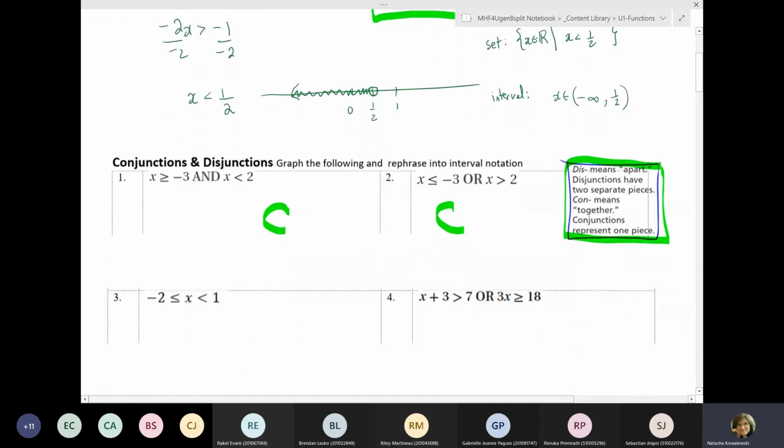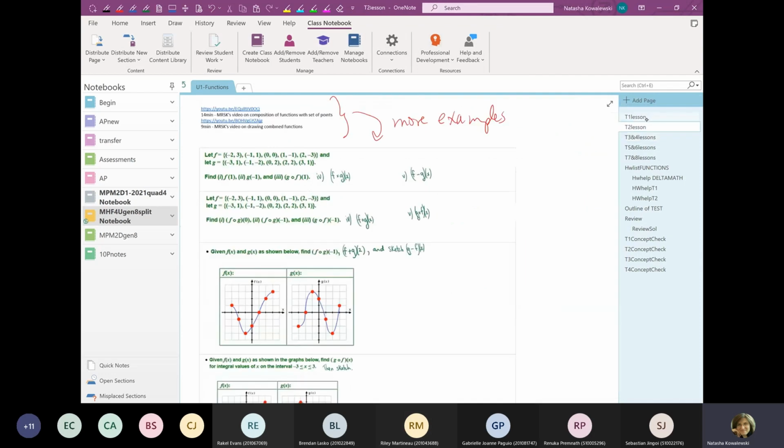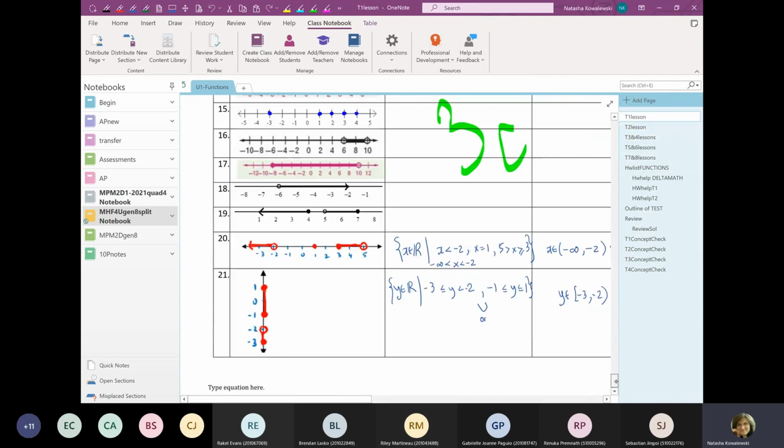What I want to do now is work with still linear inequalities, but what if you had 2 of them? Sometimes you'll have the word and in between 2 things, or sometimes you'll have or. Remember yesterday we talked about, I think topic 1 at the very bottom, our symbols.